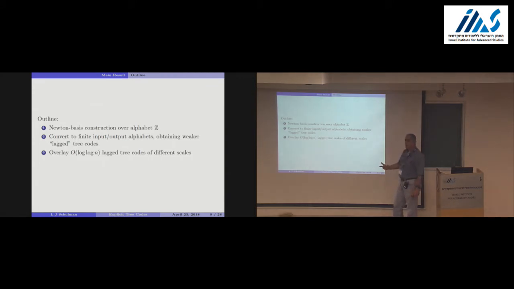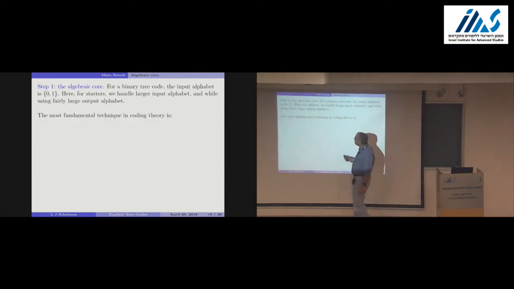We'll get a weaker object than tree codes. I'll call them lagged tree codes, because they won't immediately give you distance properties. There'll be a time lag before you get the distance property that you want. And then finally we'll have to pay this log n by fitting together several of these lagged tree codes.